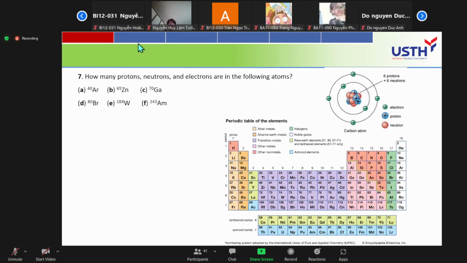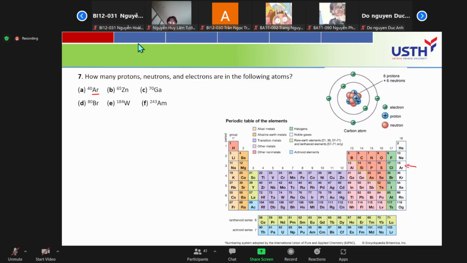Question number 7 relates to how many protons, neutrons, electrons. This one is very, very simple. To define how many protons, neutrons, electrons, let's consider. Firstly, you have a symbol. From the symbol, let's define the position of that atom in the periodic table. So you will see it here, argon.